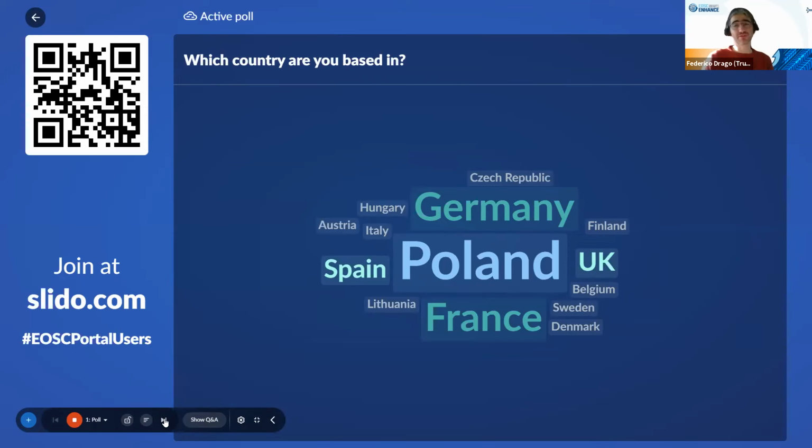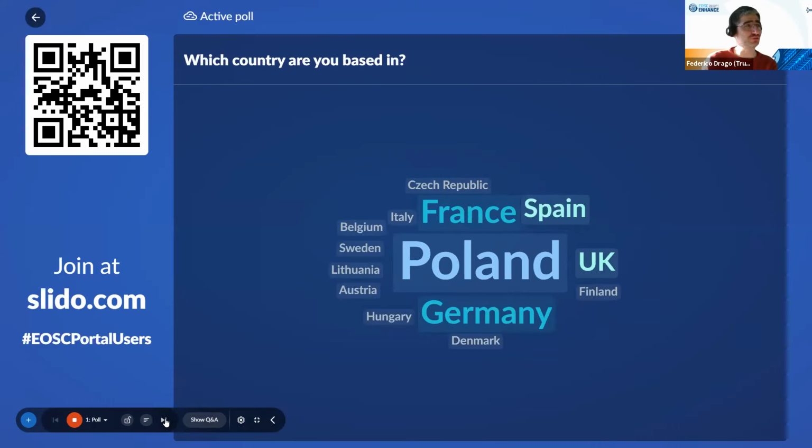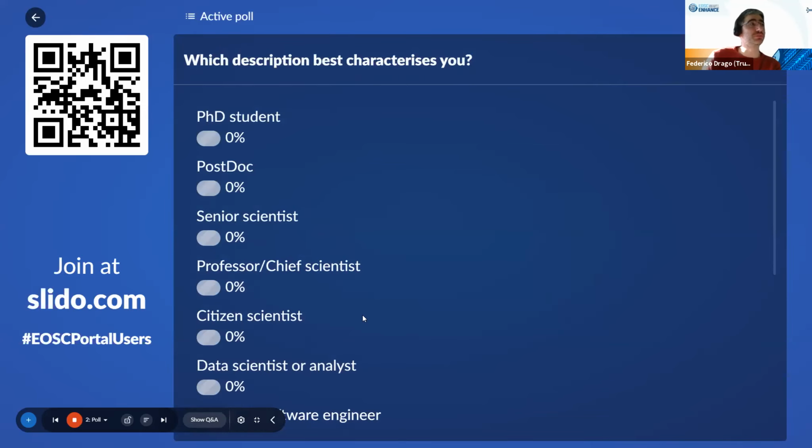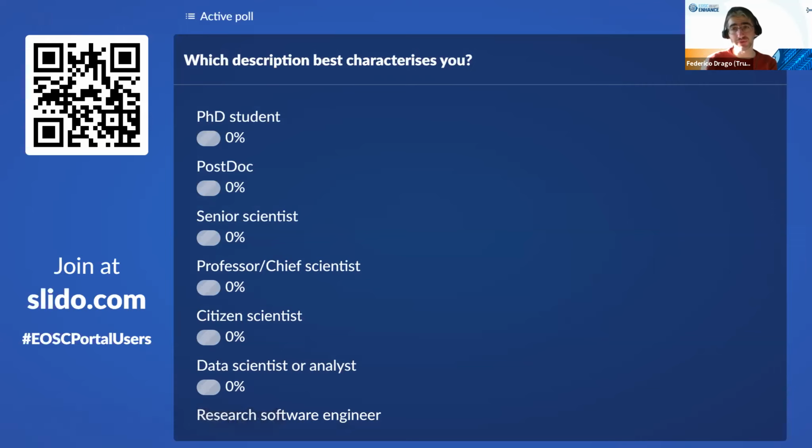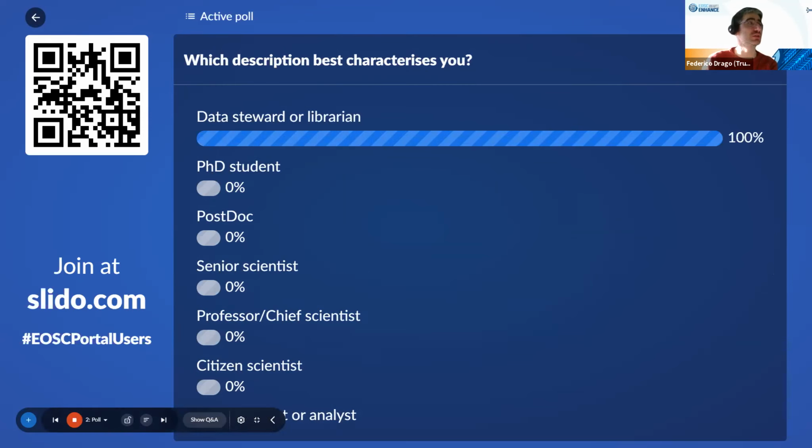So at this point, I would like to move on to the first, like, more interesting question, which is, which description best characterizes you? These are the stakeholder categories that Anka introduced during her presentation.